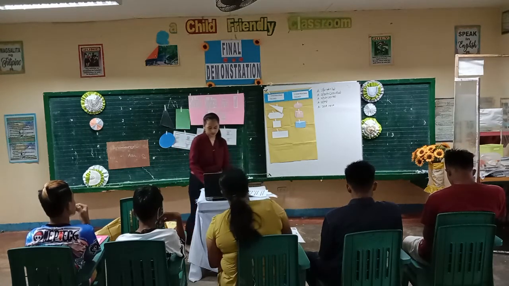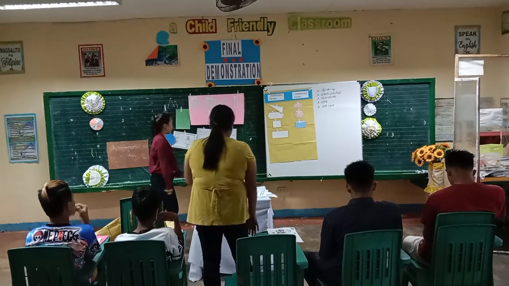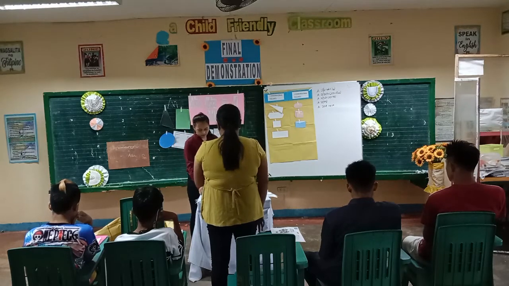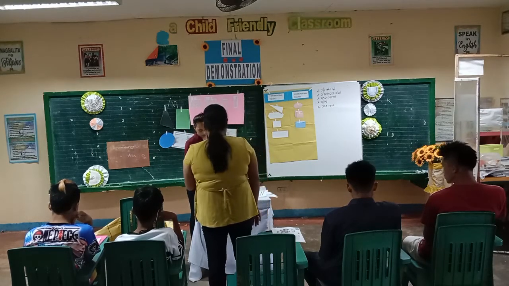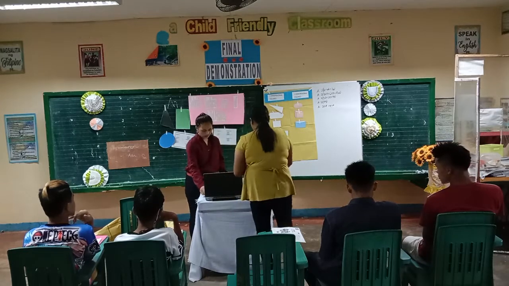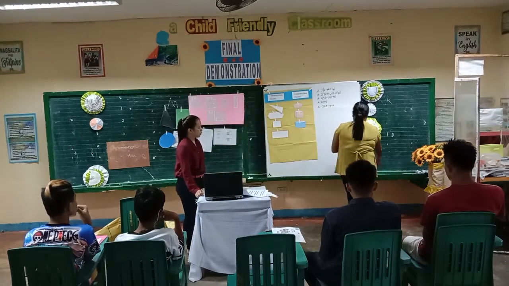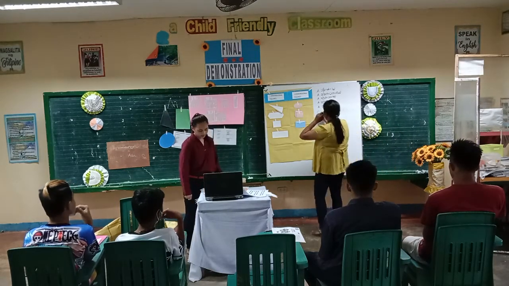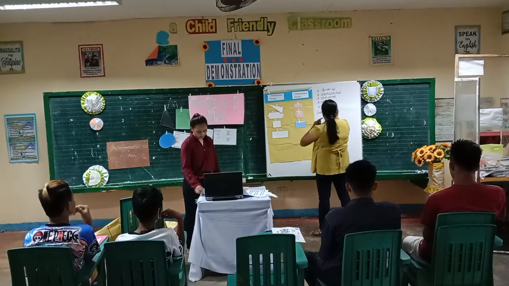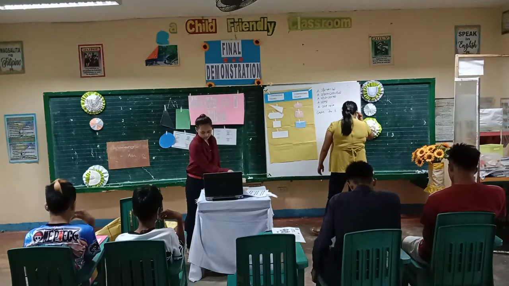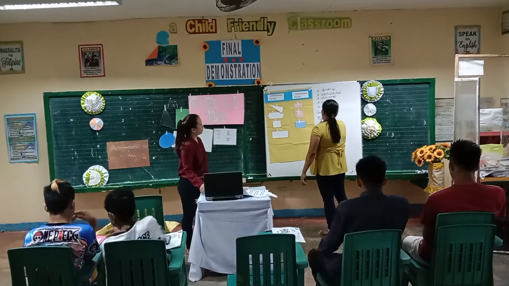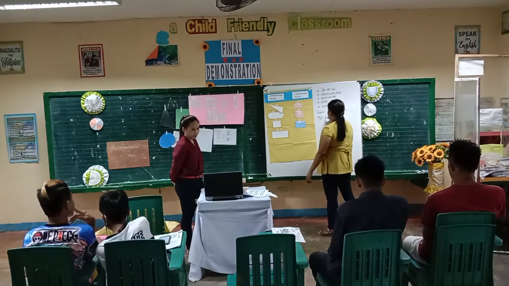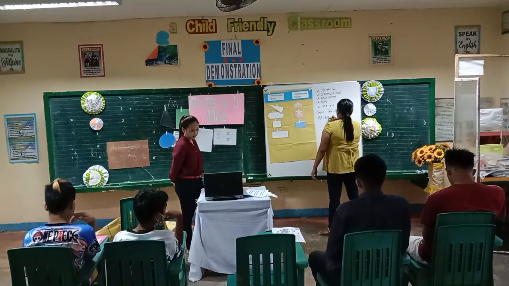Sheila, read the question and answer it. Okay, the question is: if the side wall of a cubic structure has length 7 meters, then find the total surface area. The given is 7 meters, the length. Then the total surface area is equal to 6, since the cube has 6 sides, times the area squared.